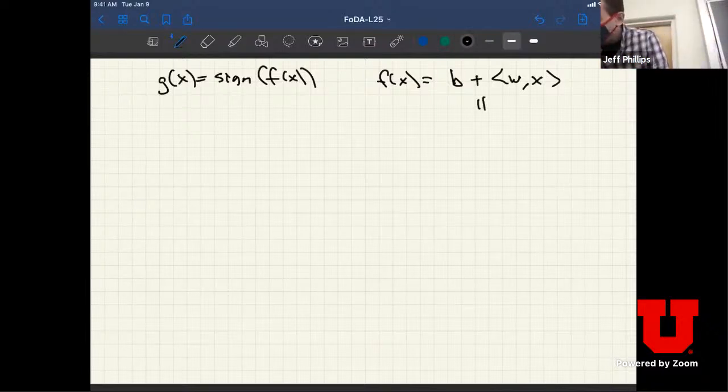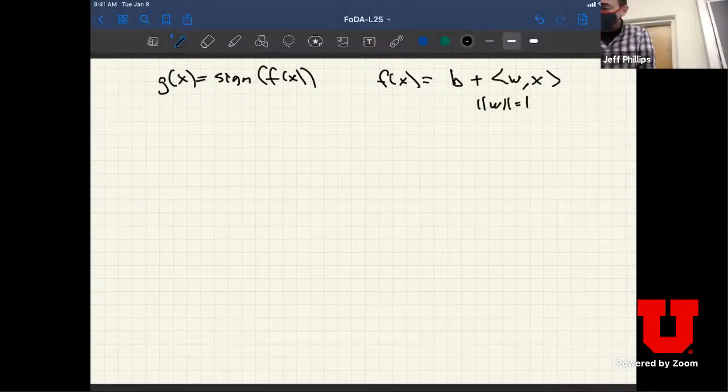And we'll assume the norm of w is equal to 1. If the norm of w is not equal to 1, you can factor that difference into b. If you divide b by the norm of w, you would recover this solution.